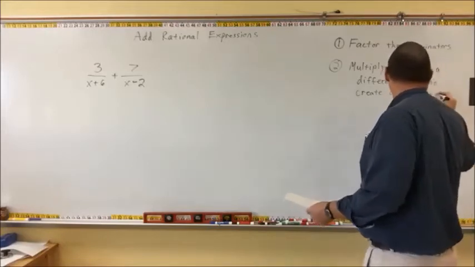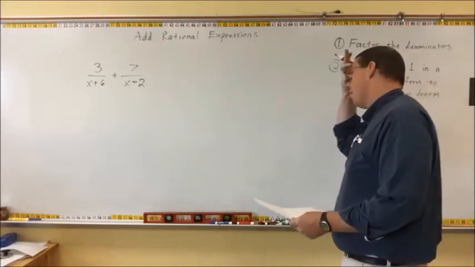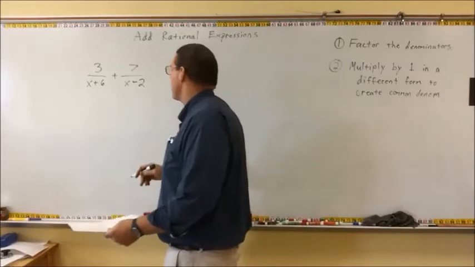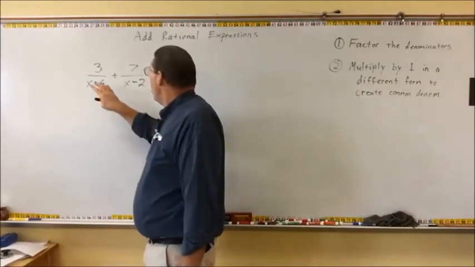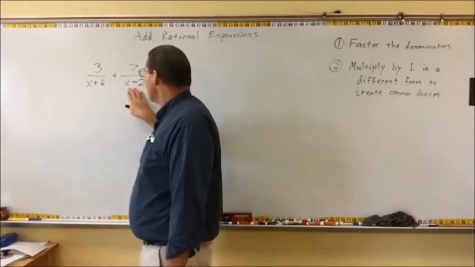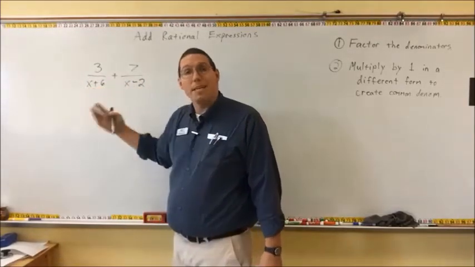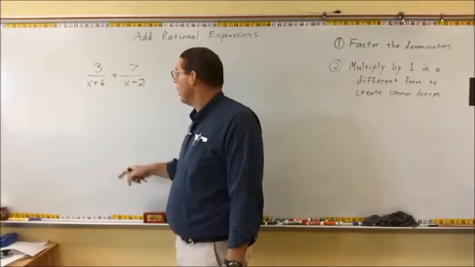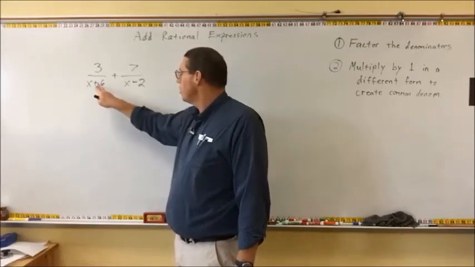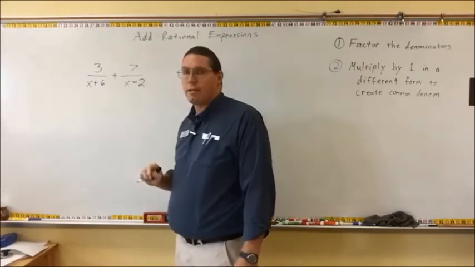So in step 2, your goal is to create a common denominator. Here's what you're going to ask yourself. What does this denominator have that this denominator does not have? Now, be careful here. I know what you're thinking. Well, they both have x's, but this one has a 6 and this one has a -2.